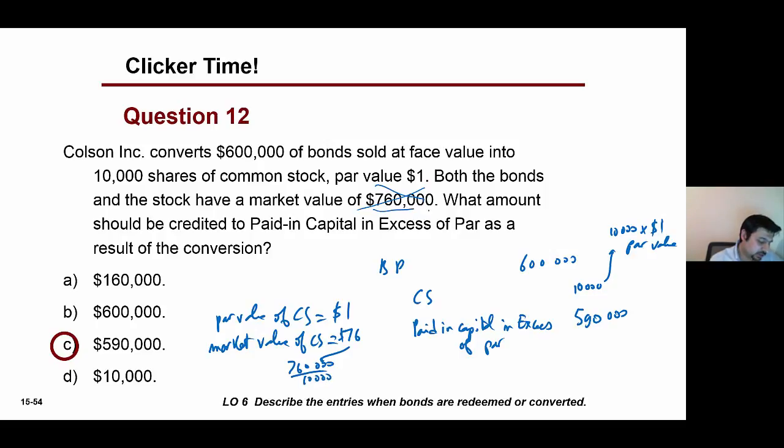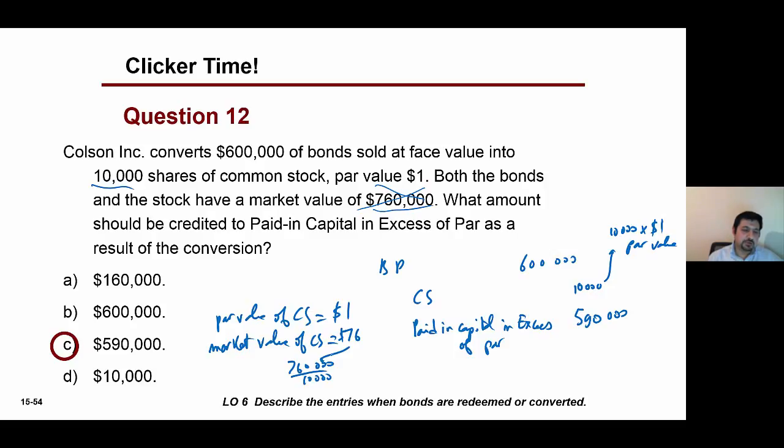So the actual value of the stock in the market is $76, although the par value of common stock is $1. We will talk about this more in chapter 11.